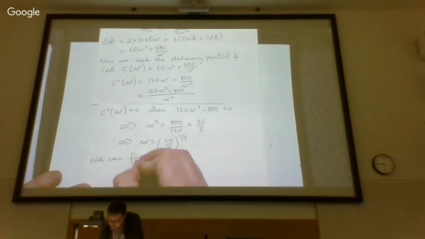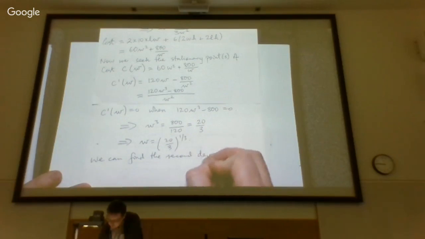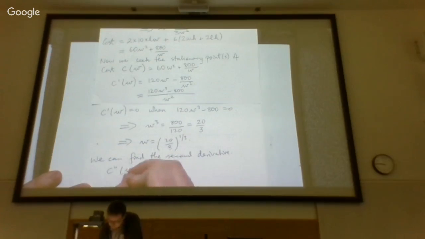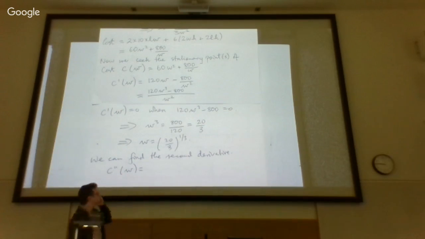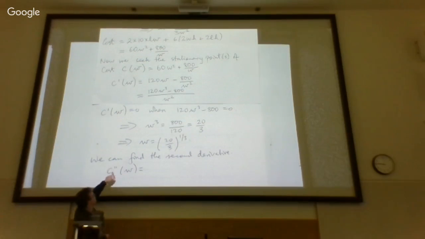Okay, so now we can find the second derivative, C double prime of w, the derivative of C prime of w.